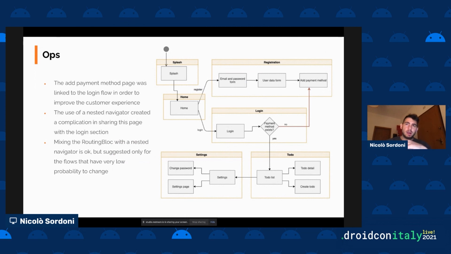But if you are sure enough that your flow won't change and another page won't have to access some nested pages, that's a perfect approach. That works well. It's reusable. It can allow you to have a local state that's not accessible from anywhere else. But you have to think it through better than I did.